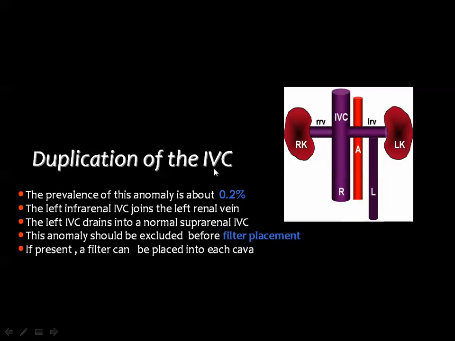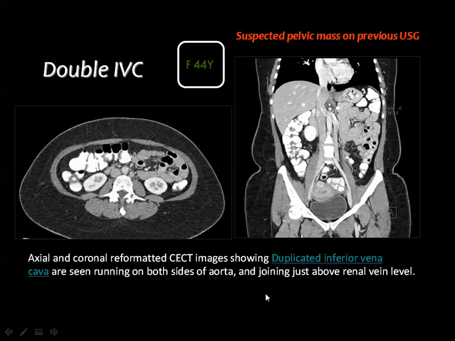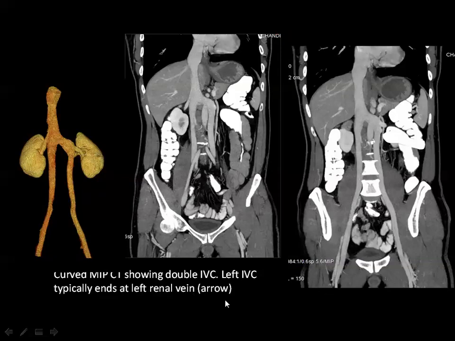The other IVC will classically present to the left of the aorta, and it will drain into the left renal vein, which consequently will drive the blood to the original IVC. And here you see the aorta, and you have two veins alongside the aorta, and these are double or duplicated inferior vena cava.